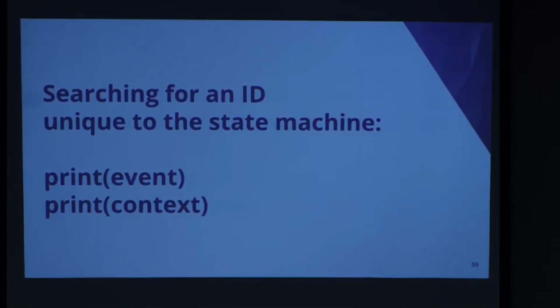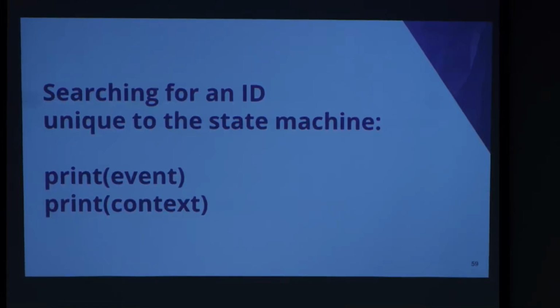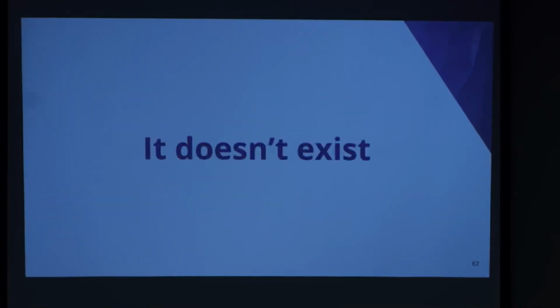So let me go dump all the things you've given me in the Lambda function. Event, context. Those are your two things that are made available. Well, unfortunately, it doesn't exist. This made things very difficult. We had no way to track that through because I was like, all right, I'll just log it in every single one. So we had to find a solution.